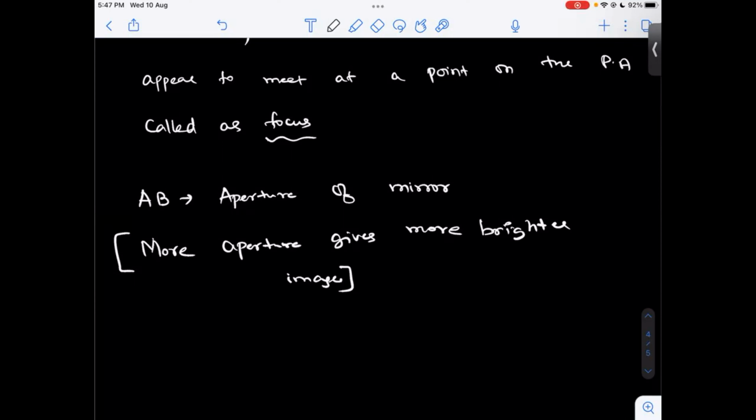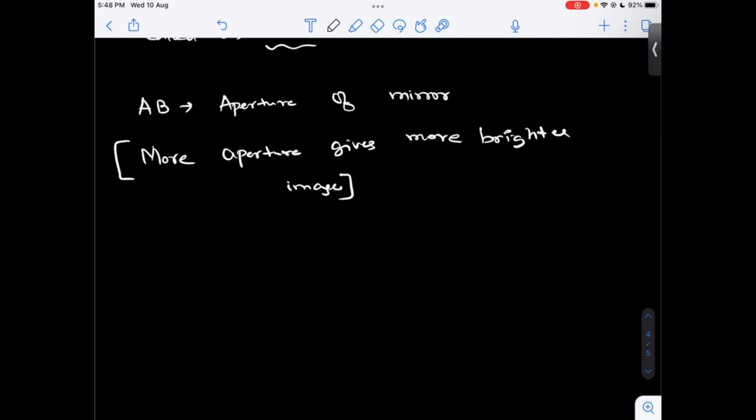Brighter means more light is falling at a particular point. So the explanation for this is very simple.